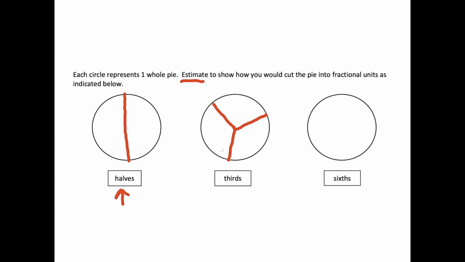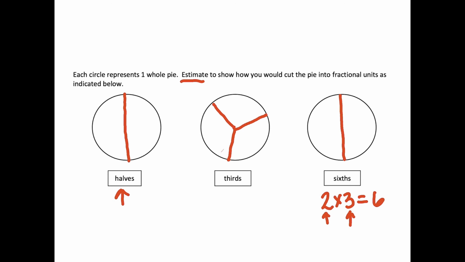Now we have sixths. And so I'm going to go back to what I did before when I related it to multiplication. Okay, so 6, I know that 2 times 3 equals 6. So I'm going to split this up into halves first. And then in those halves, I'm going to split them into 3 equal parts.